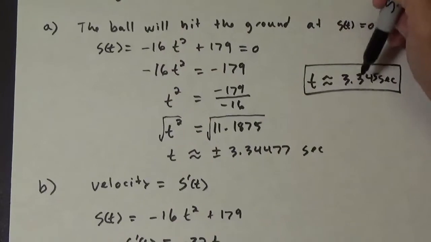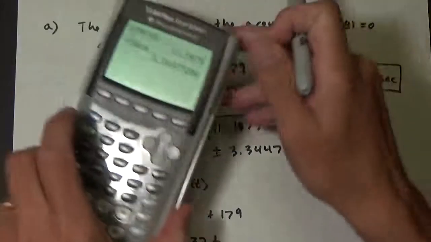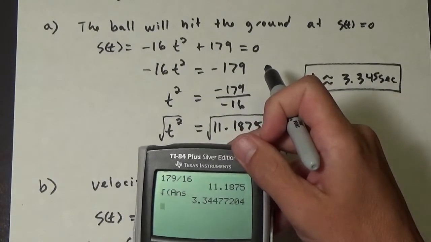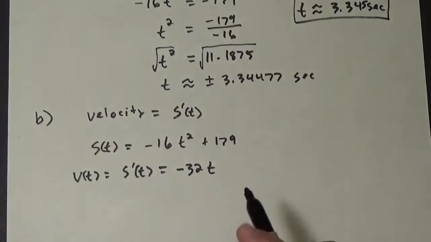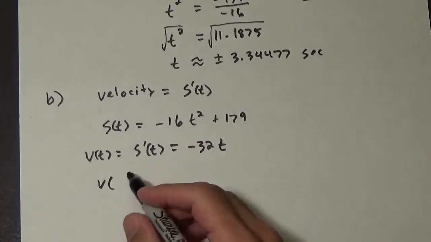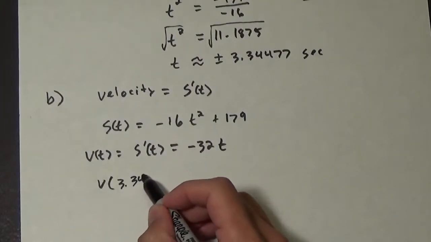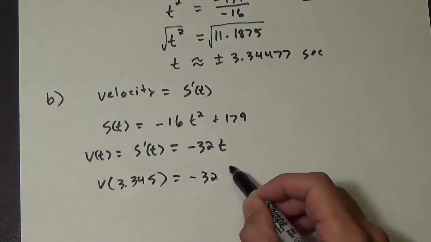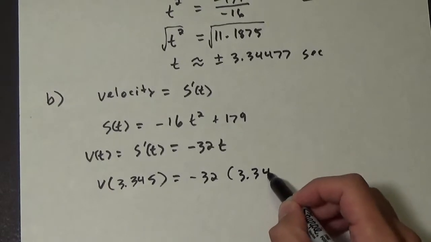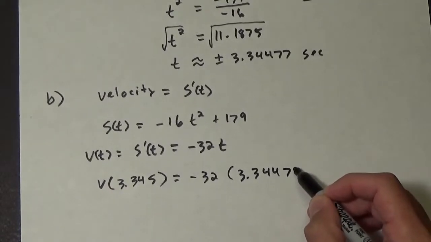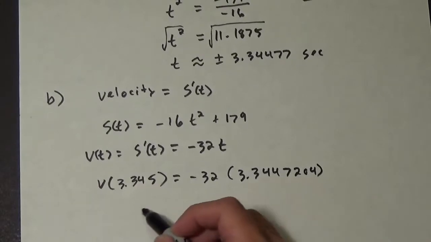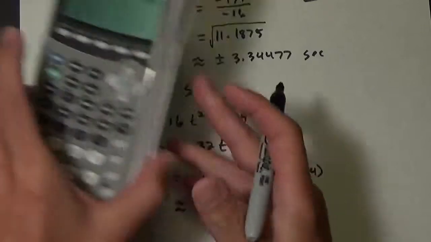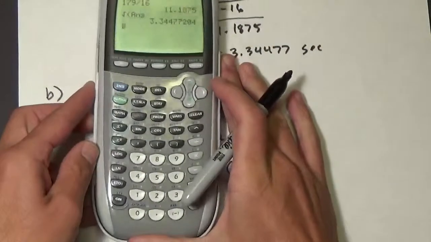Now we know it hits the ground at this 3.34477 seconds. Notice I kept this number in here. So we're going to put that in. So v of 3.345 is going to equal negative 32 times 3.34477. So our velocity is approximately going to equal, we multiply, so we get our calculator back out.